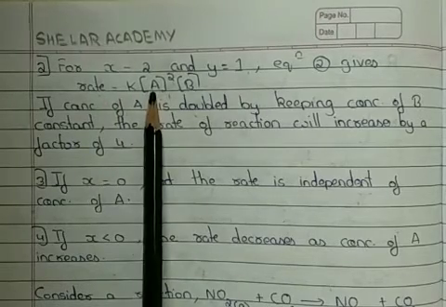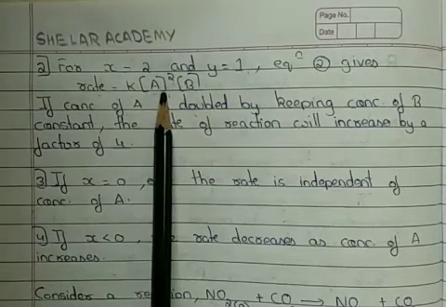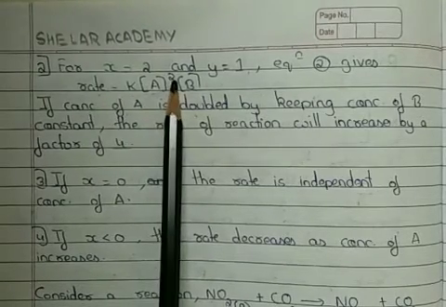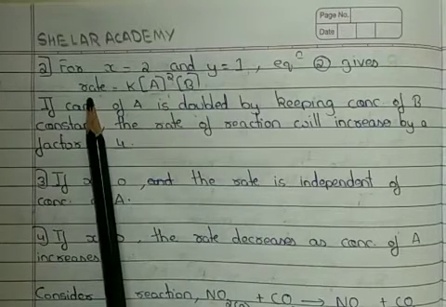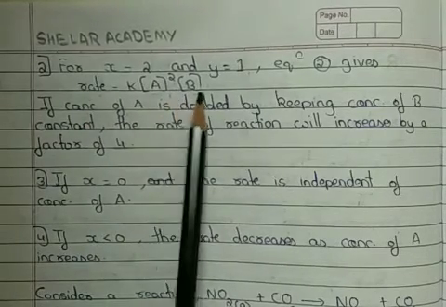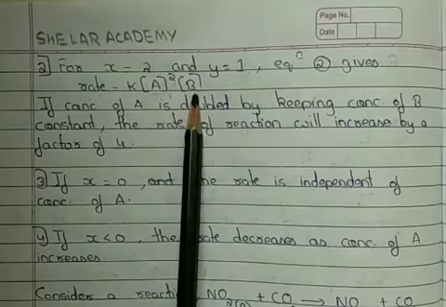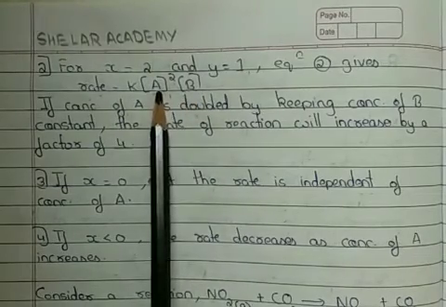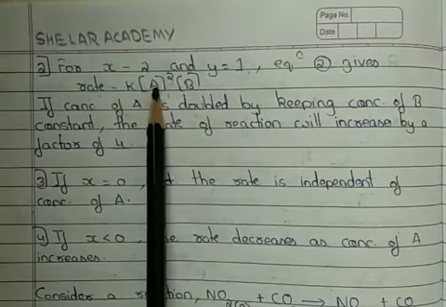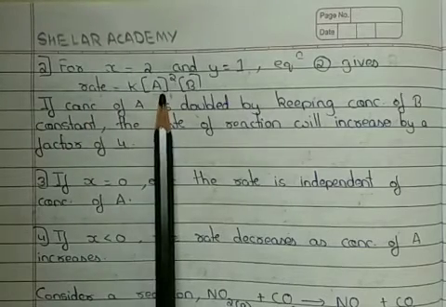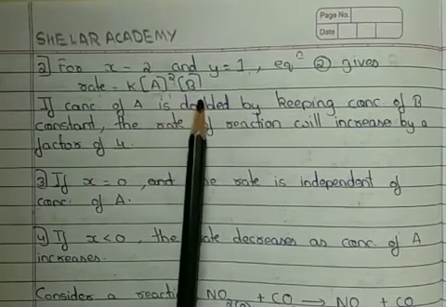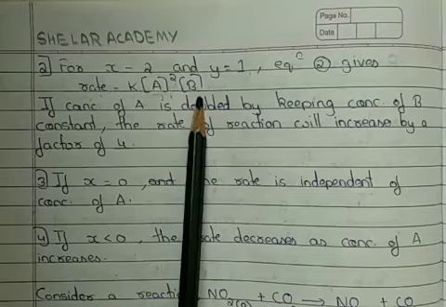If I increase it 4 times, then it's squared, that is, the rate will increase 16 times by keeping the concentration of B constant. So this explains how our rate will vary with the concentration of A changing and with the concentration of B changing.